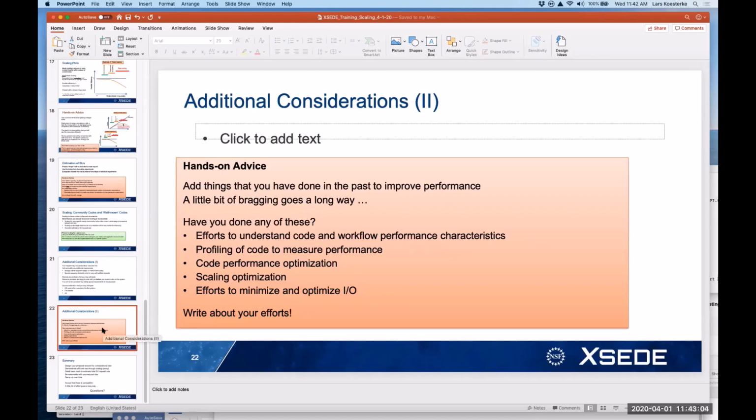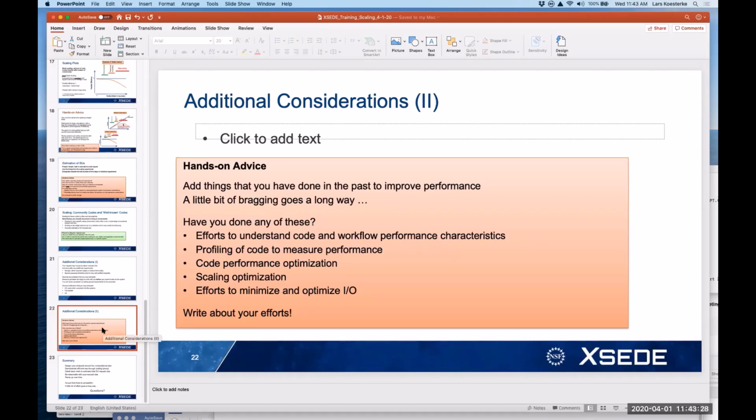Okay, so if you have done anything of these, if you have put in some effort to understand your code performance and workflow performance characteristics, if you have profiled your code to measure performance and then did some code optimization or some optimization to improve scaling or to optimize I/O, always write about your efforts.